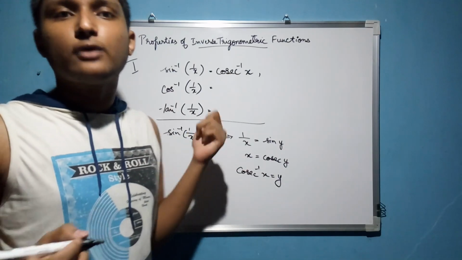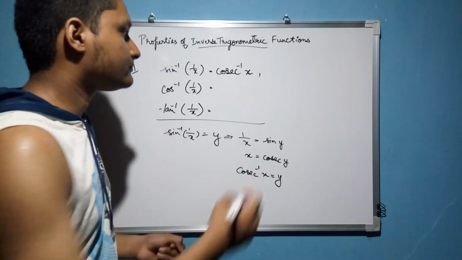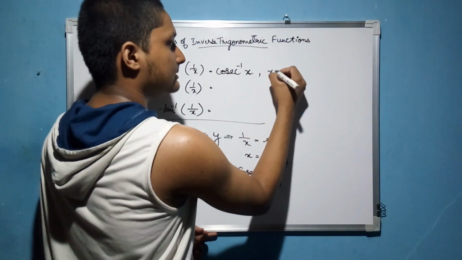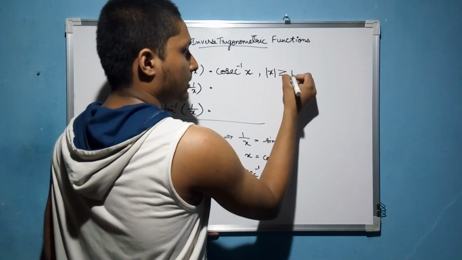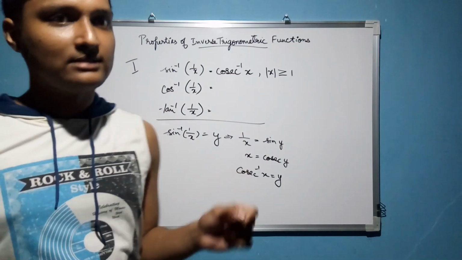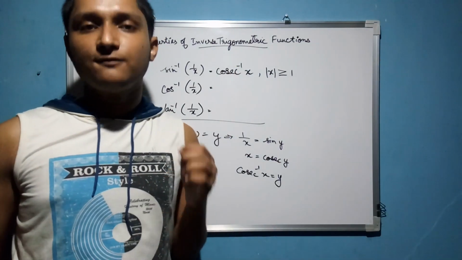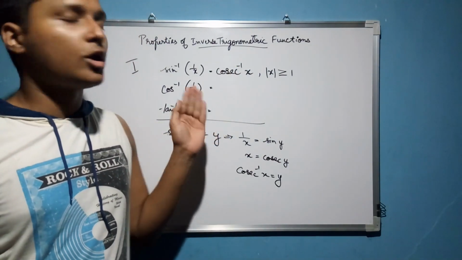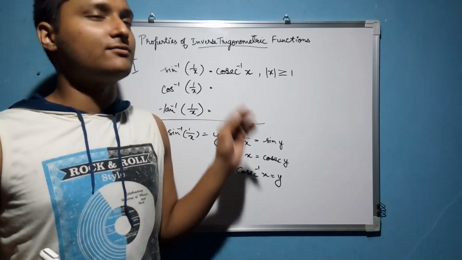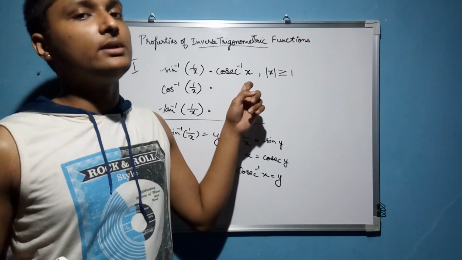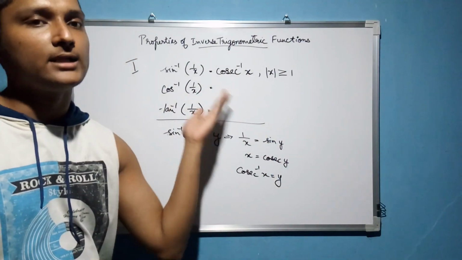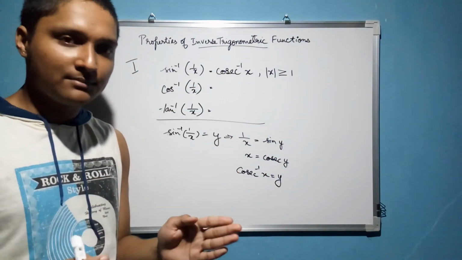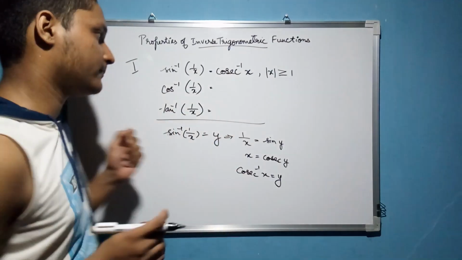Cosec inverse function is going to have the domain that is modulus of x always greater than or equal to 1. That means it can be either positive values or negative values, excluding the numbers between -1 and 1.